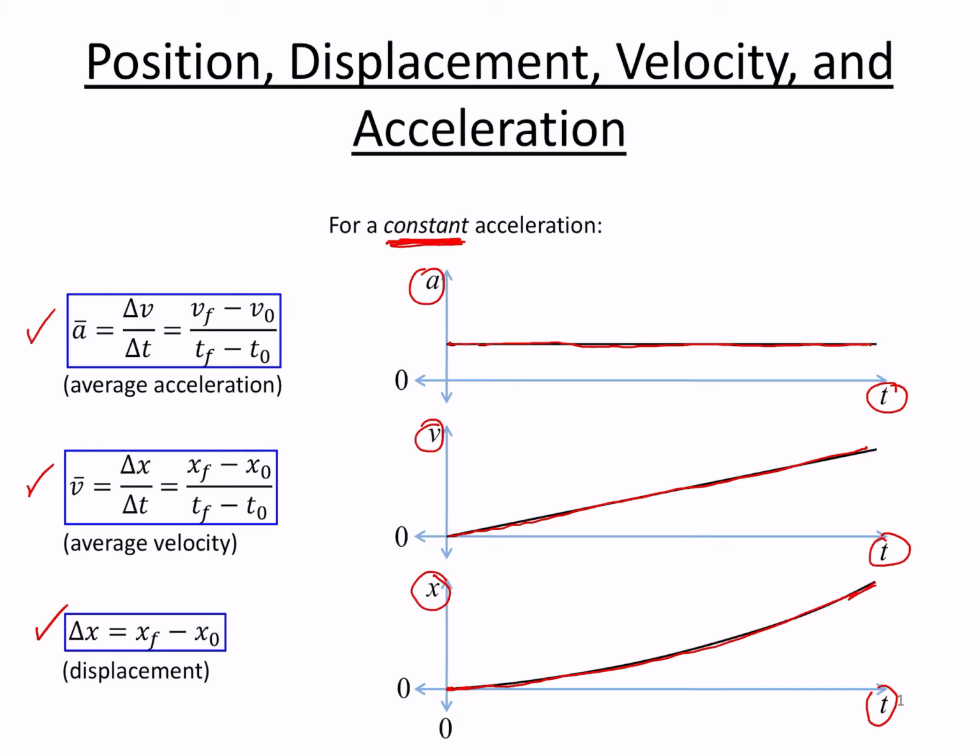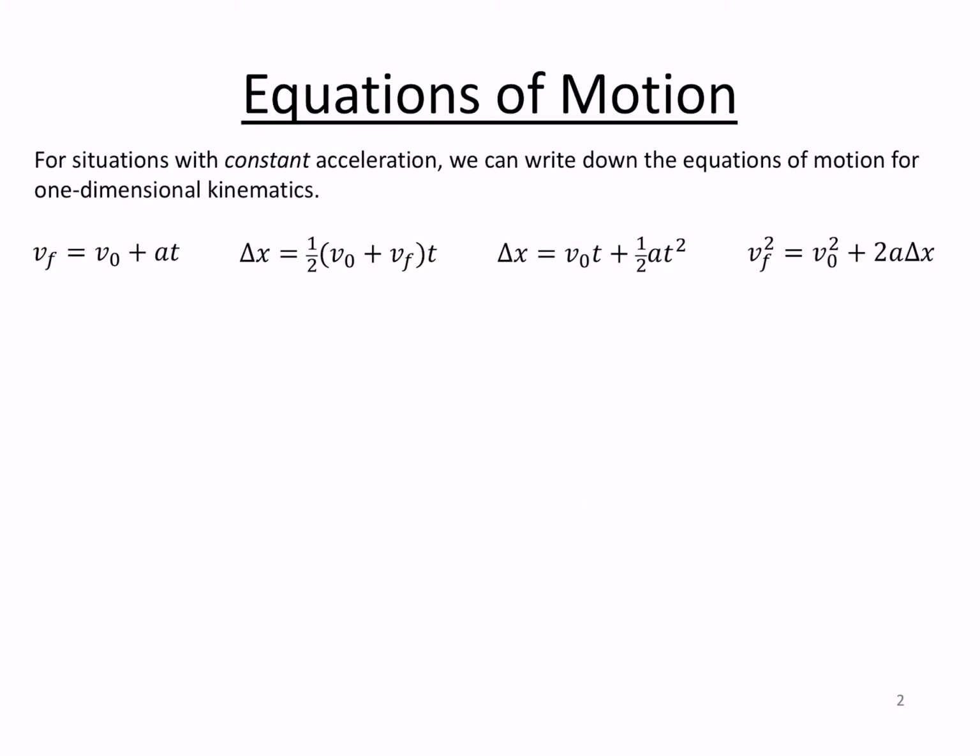So, with these definitions of acceleration and velocity and displacement, plus the assumption that we have an object that is moving with a constant acceleration, we can write down equations of motion that connect all of the different quantities that we've been talking about thus far: time and velocity and acceleration and displacement and position, all of these things to one another.